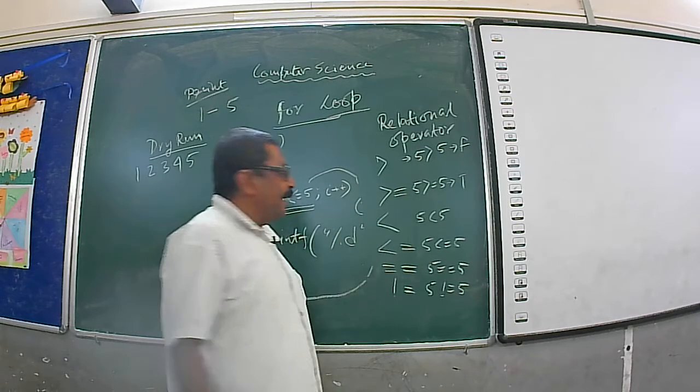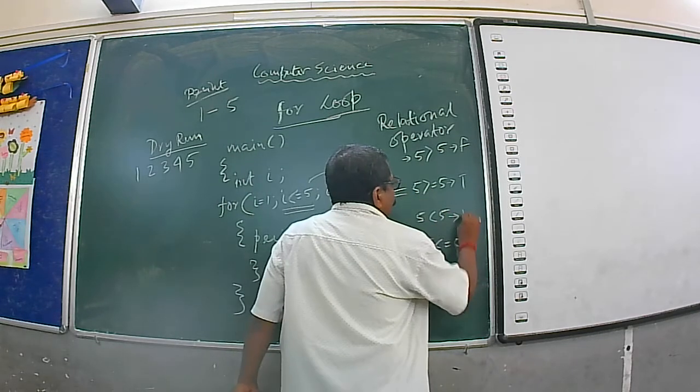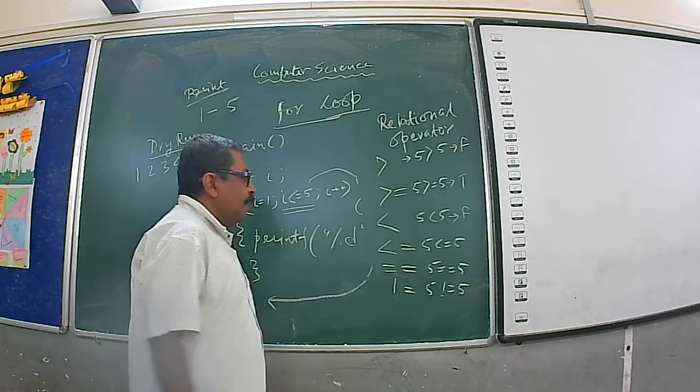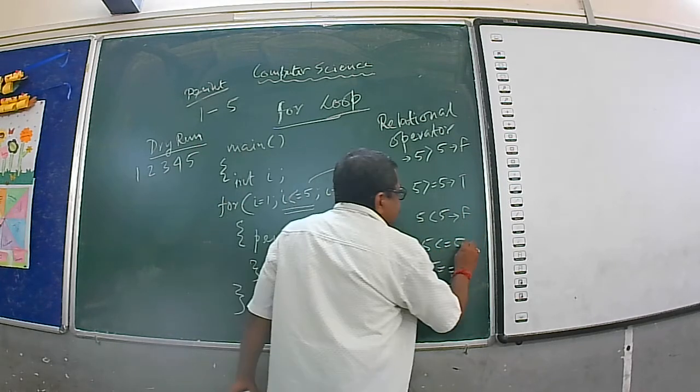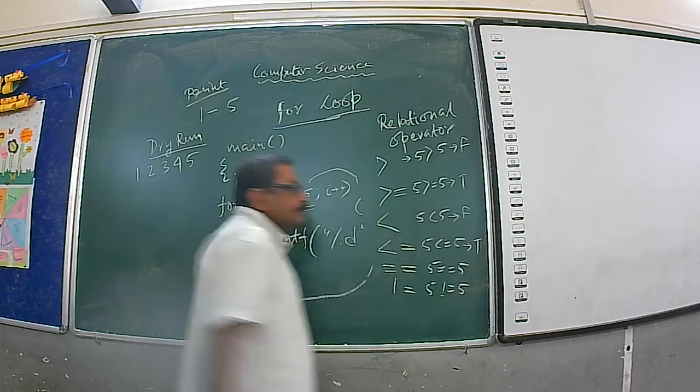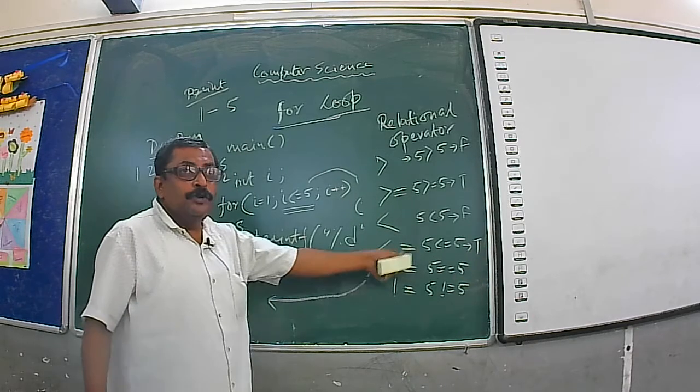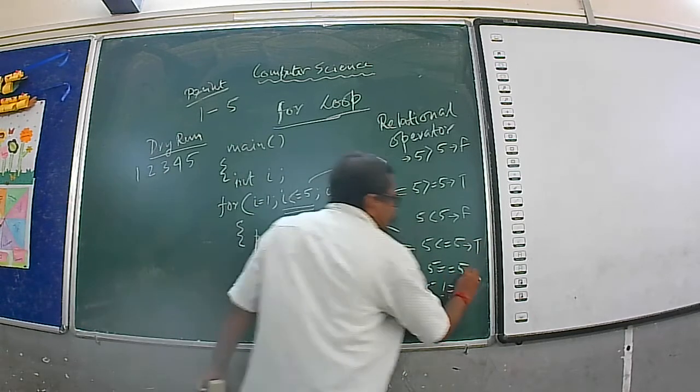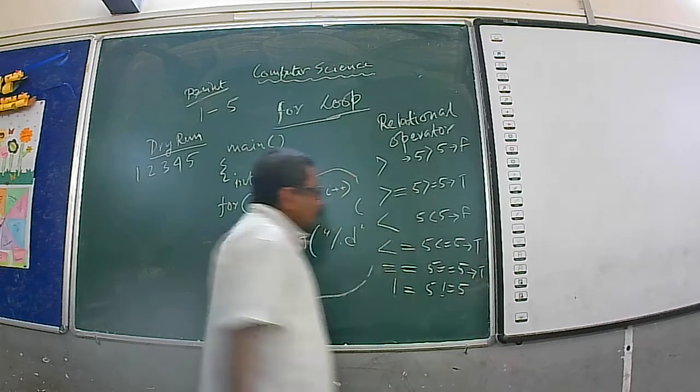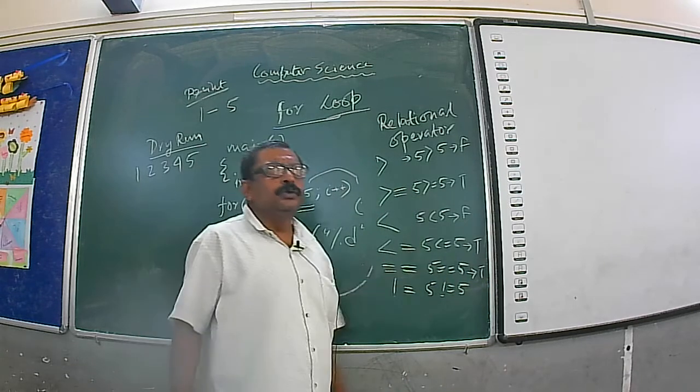Again, 5 less than 5, false. 5 less than or equal to 5, true. 5 is equal to 5, true. Sir, why is it double equal to?